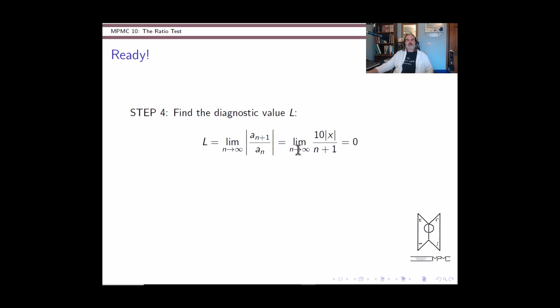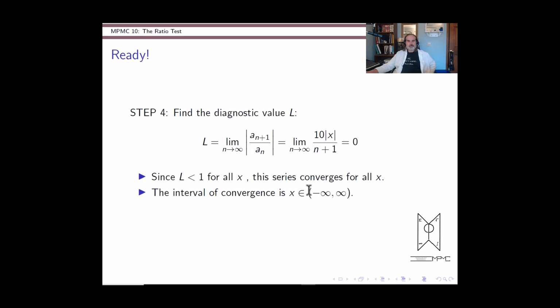So the limit as n goes to infinity of the numerator, which for any one x value is a constant, divided by a denominator which is going to infinity, is always 0. And so that means this series converges for every x. There is no value of x we could plug in that would lead to divergence. That means the interval of convergence is the entire real number line, from minus infinity to infinity.